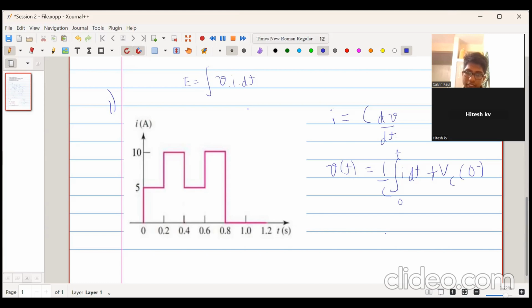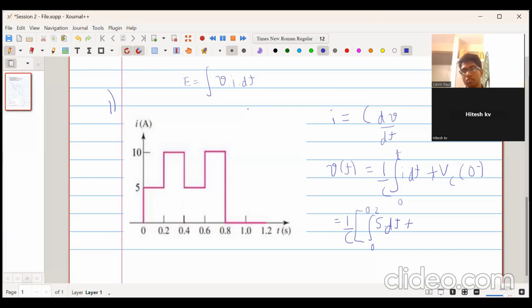Now let us focus on the integration. The voltage is 1 by C times the integration from 0 to 0.2 of 5 dt. Any doubt in this part? No, sir.